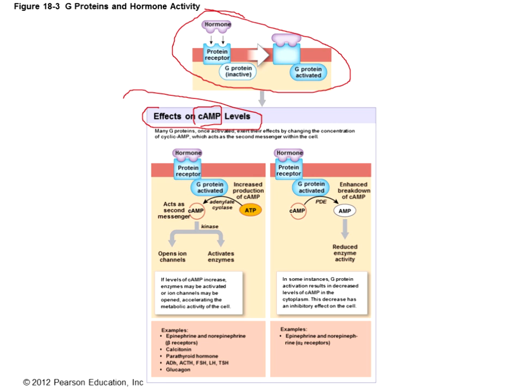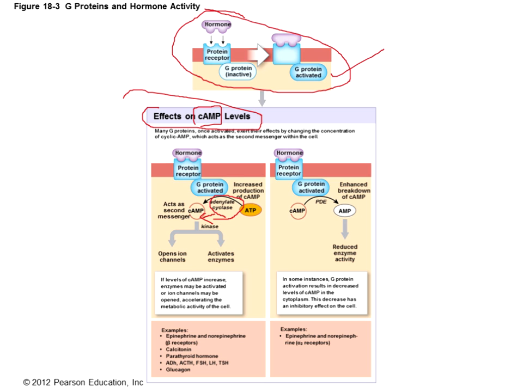So the first thing to look at is what's happening when the hormone binds at the cell membrane. As we said, the hormone binds to receptors, the G protein becomes activated. When the G proteins become activated, one thing that can happen is to increase cyclic AMP levels in the cell. You do this by activating what's called adenylate cyclase.